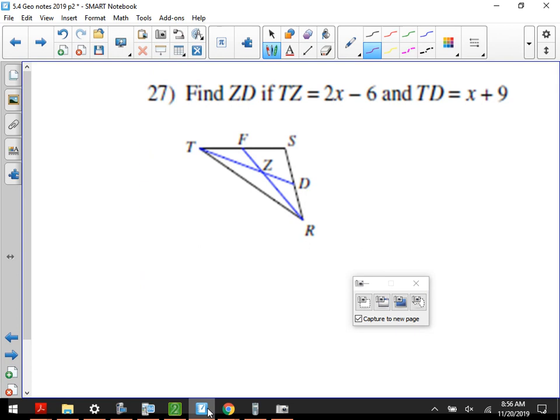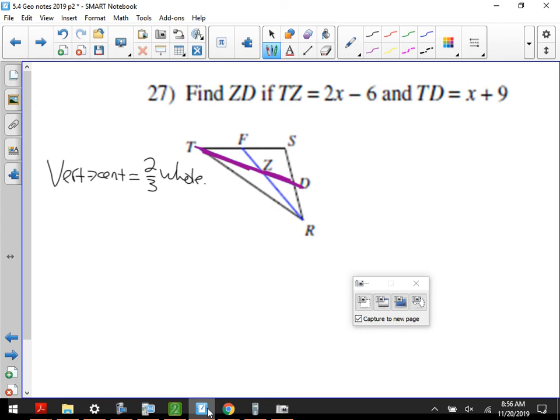All right, so let's see what parts we have here. Find ZD if TZ and TD. Okay, so this one, we have to find the centroid to side after we use vertex to centroid and the whole. The vertex to centroid is 2/3 of the whole.